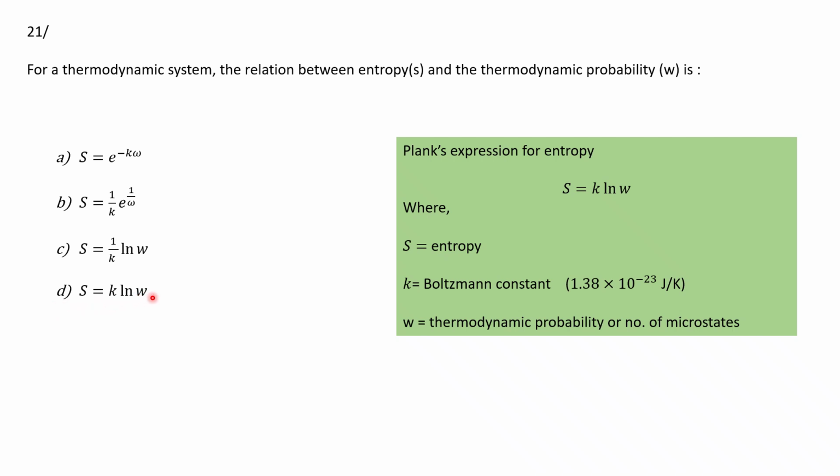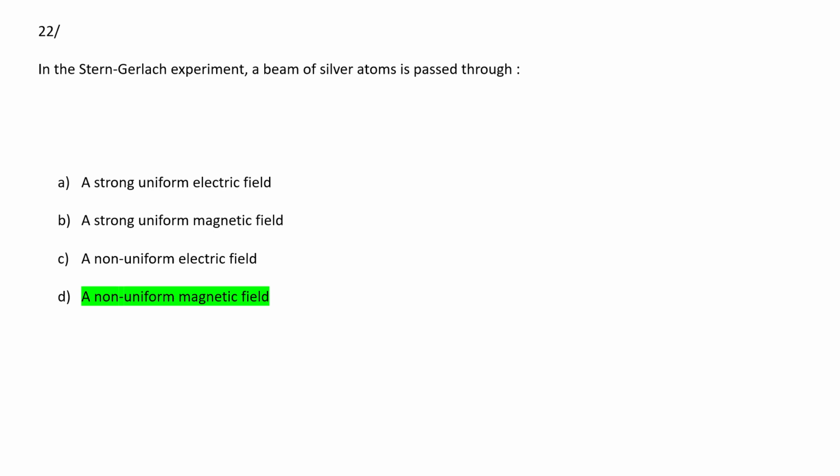Okay, so we know that Planck's expression for the entropy is S equals k ln omega, where S is the entropy, k is the Boltzmann constant, and omega here is the thermodynamic probability, or we can say the number of microstates. So here option D is the correct one, that is S equals k ln omega.